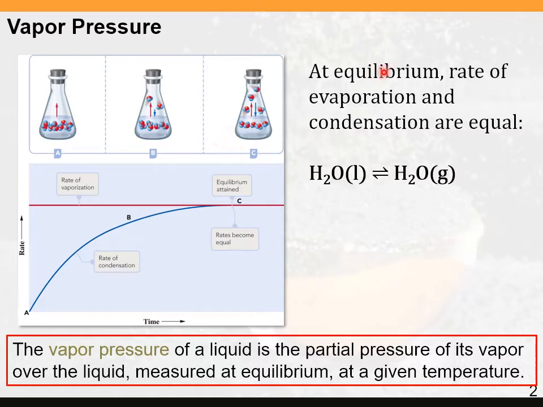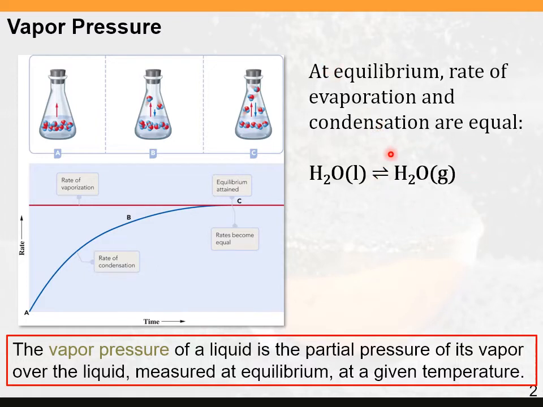This is what we call a dynamic equilibrium, where the rate of evaporation from liquid to gas is equal to the rate of condensation from gas to liquid. The evaporation and condensation processes do not stop. They continue to happen, but they are happening at the same rate. This is why we call it a dynamic equilibrium.